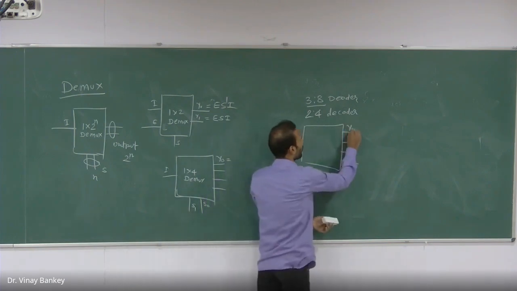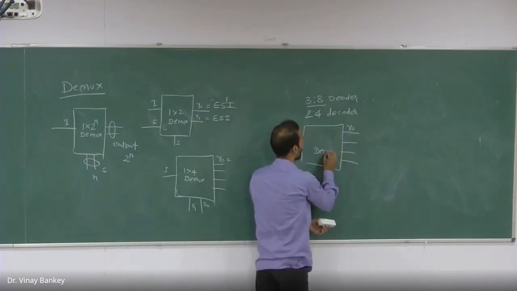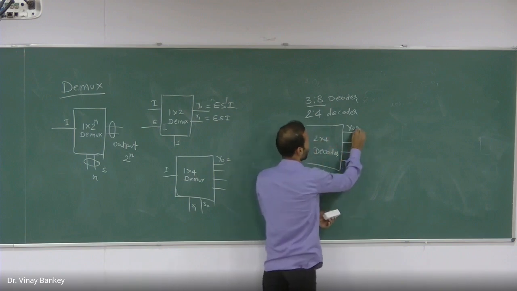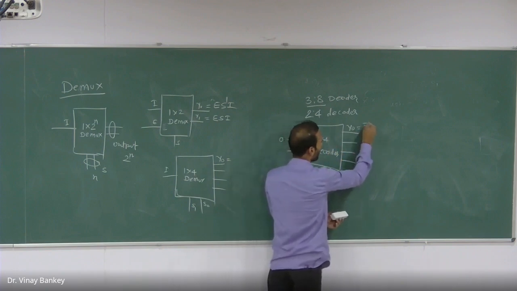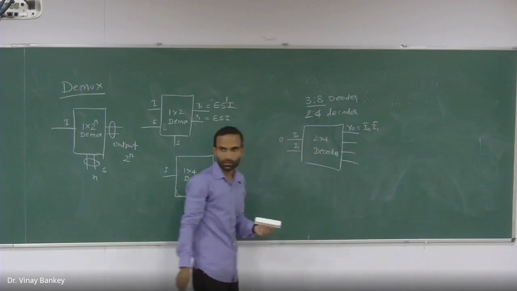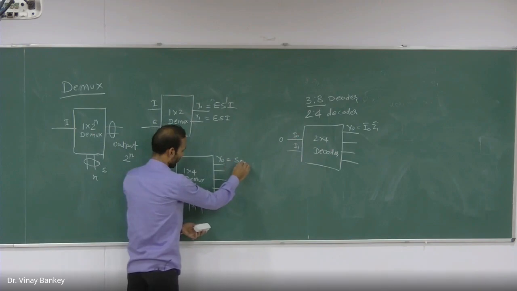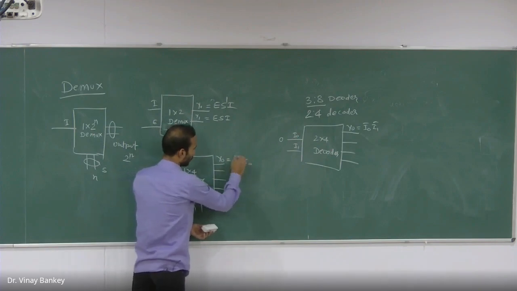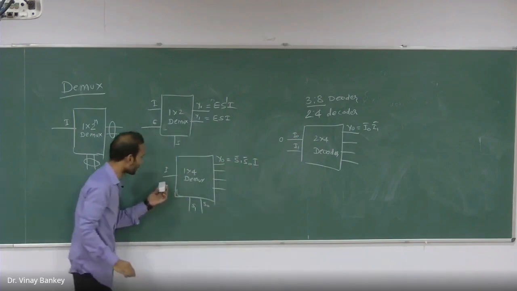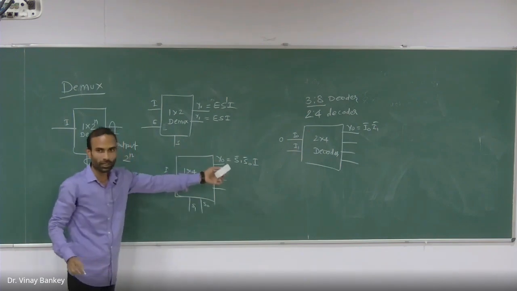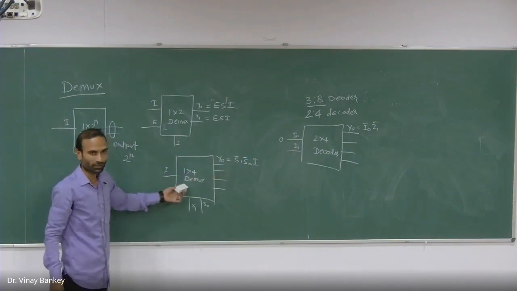The y0 in the decoder was what? I0 bar and I1 bar, isn't it? So here also, similarly, we can say this is S1 bar S0 bar and I, because this input will be reflected to that output in the demux IC.